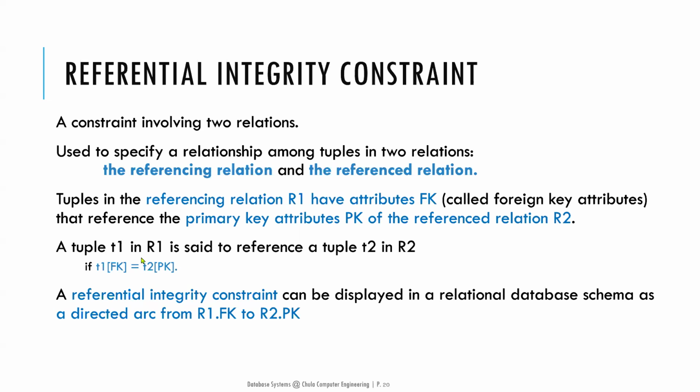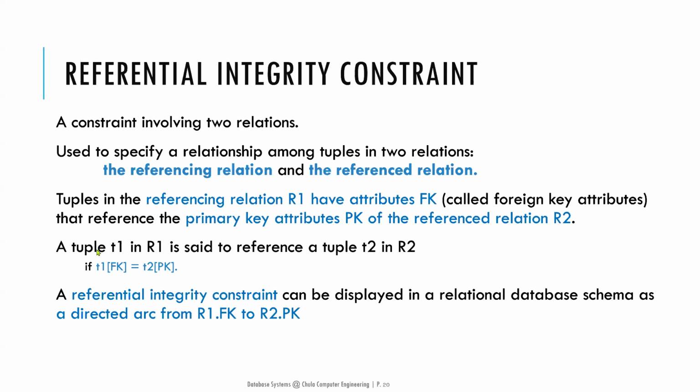The way we write it out mathematically is t1, and in brackets FK, equals the primary key in the other tuple. So we say that tuple t1 in R1 references tuple t2 in R2.